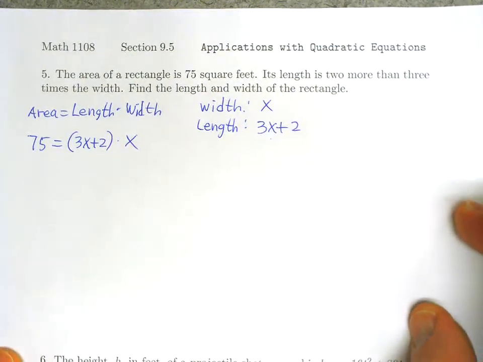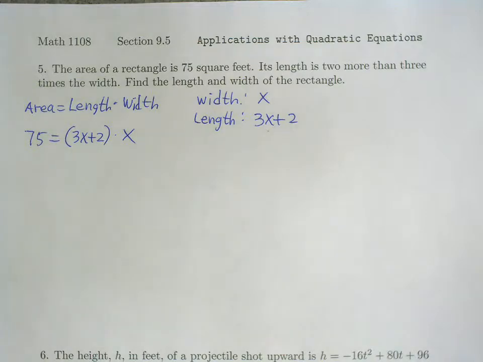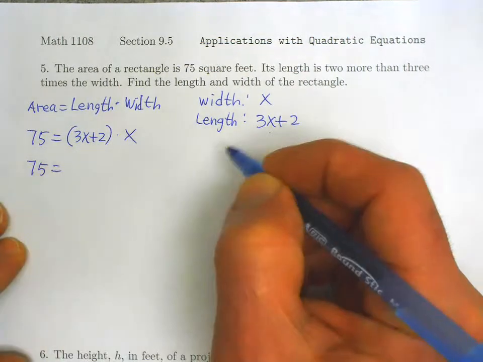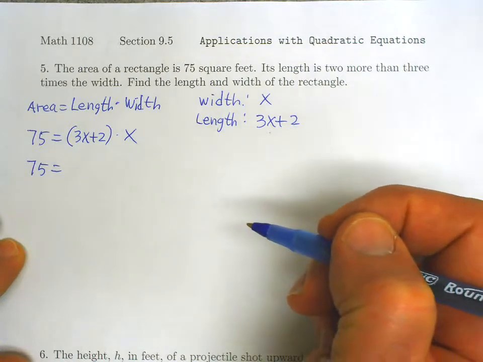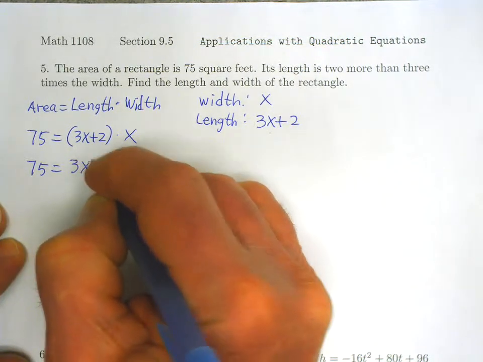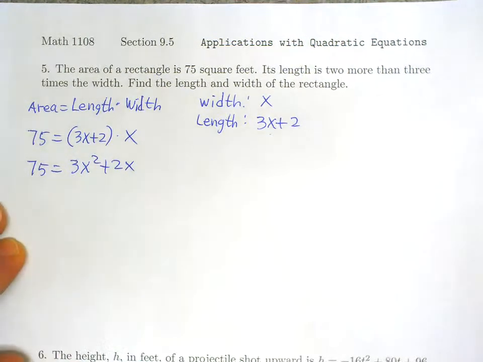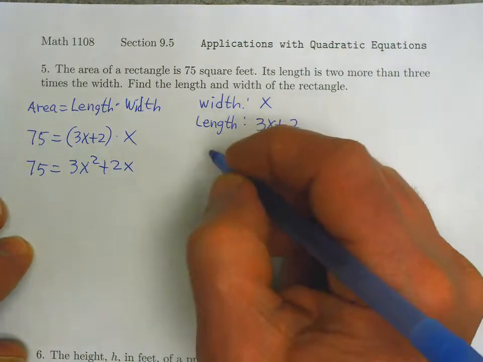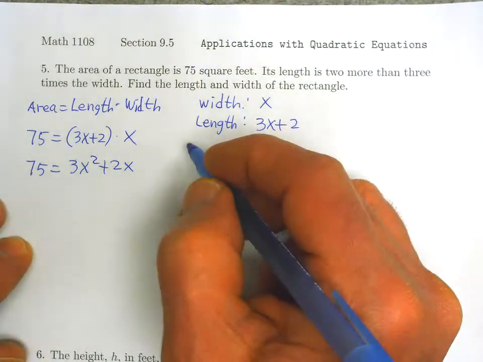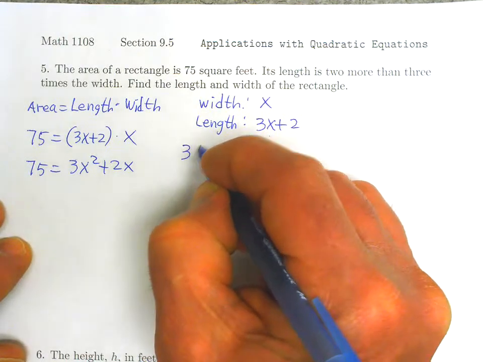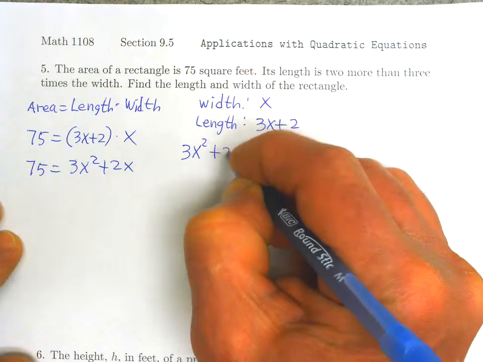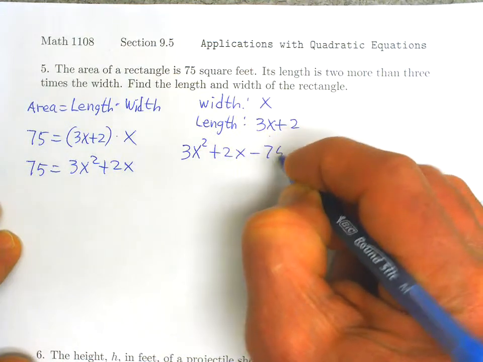So we just have a quadratic equation. So we'll get it into standard form. 3x, the binomial 3x plus 2 times x is 3x to the second plus 2x. Then we'll subtract 75 from both sides, and I'll put the non-zero terms on the left-hand side. 3x squared plus 2x minus 75 equals 0.